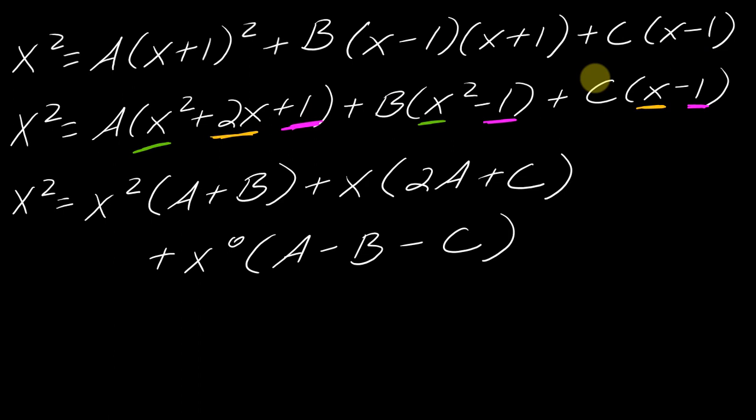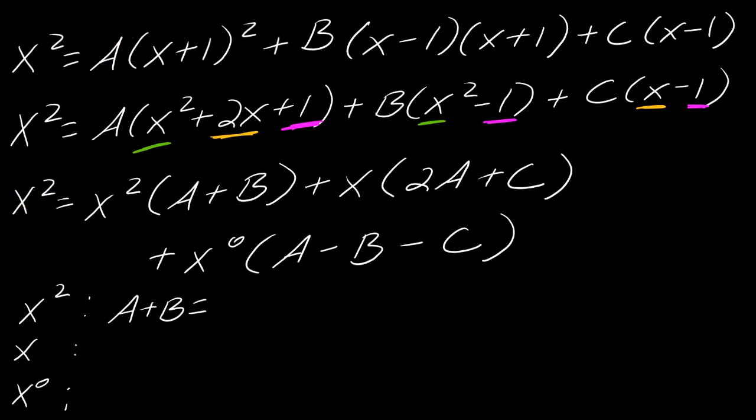Okay, so now I can set up my system. And so in this case, once again, I'm going to set up for x squared, x, and x to the 0. Okay, so once again, I'm using the left side to set up my equation. So for my x squareds, I've got this a plus b, and then I reference the left side. What's the coefficient on the left side for x squared?